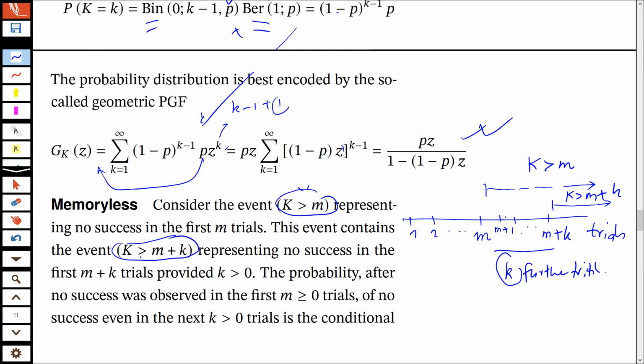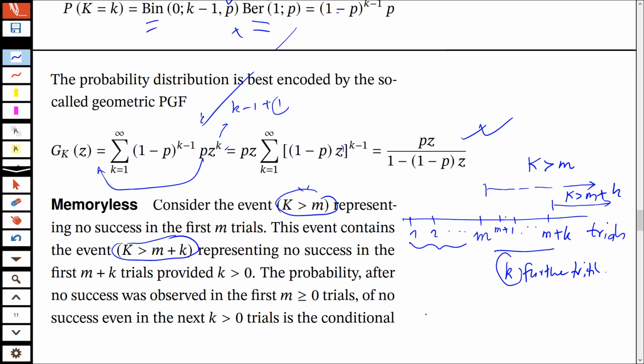Now I want to know whether this knowledge, the fact that I know this, because maybe I don't know anything, I just start counting at m and I just disregard the fact that there was no success there.